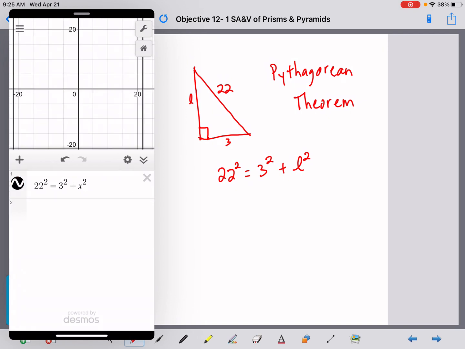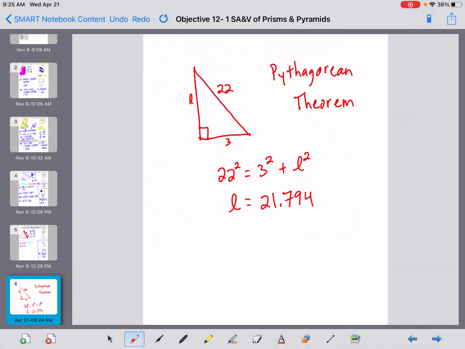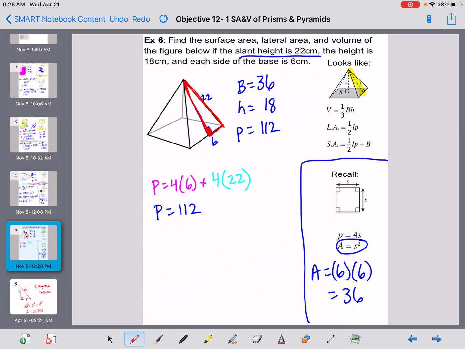I'm telling you, it's going to happen. So, X, or rather L, is 21.794. Now that's not a very pretty number, but we're going to use it.